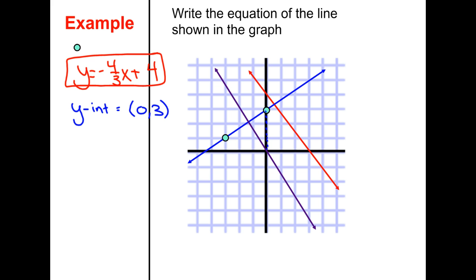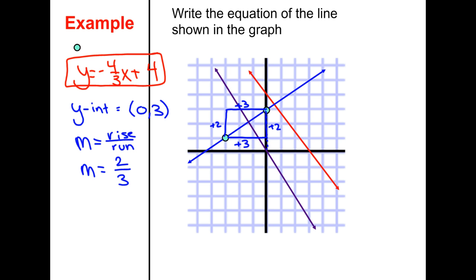So let's start here. We're going to go right 3, so that's positive 3. Then we're going to go up 2, so that's positive 2. If I go the other way, I go up 2 and right 3. You can see I did the same things, just in two different orders. So again, remember our slope equals rise over run, so that's 2 over 3.